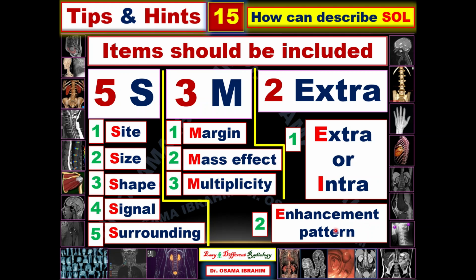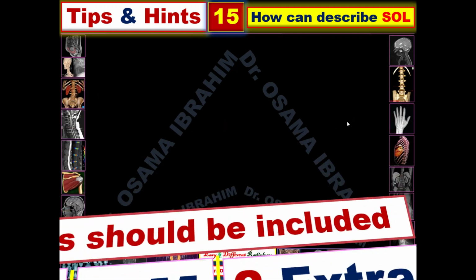And enhancement is an optional item because it depends on whether contrast is given or not. You should describe these lesions as enhanced or enhancing, and what the pattern of enhancement is, like marginal enhancement or heterogeneous enhancement, and so on. So these are the main items that should be included when describing lesions, and they can be remembered as 5S, 3M, and 2 extra.